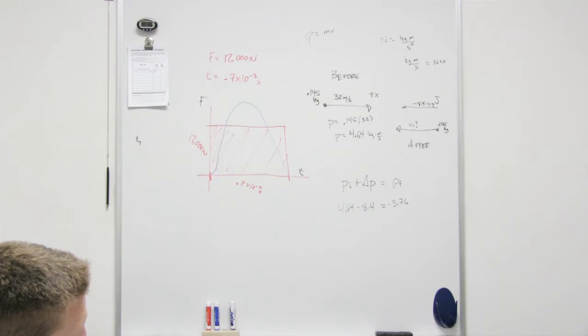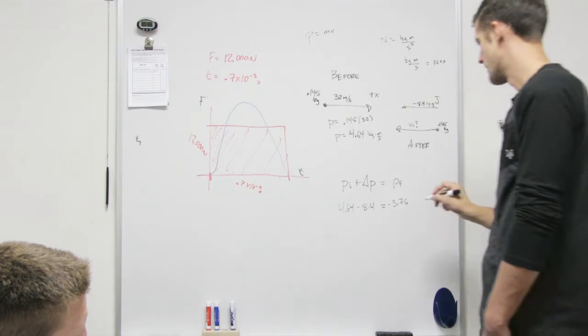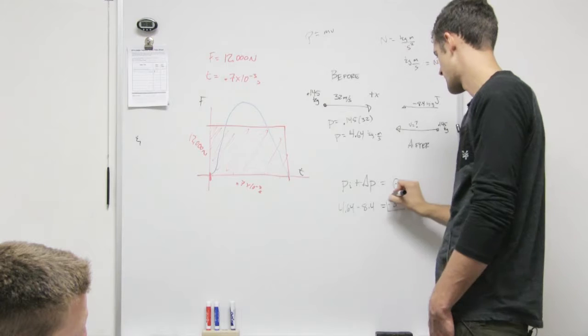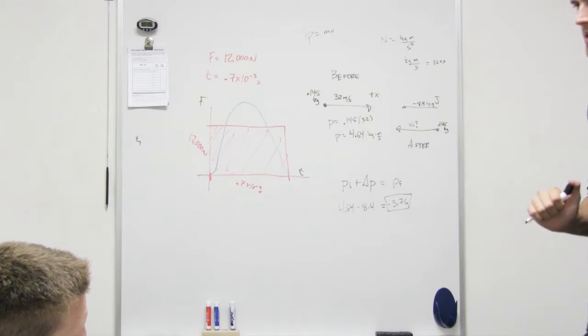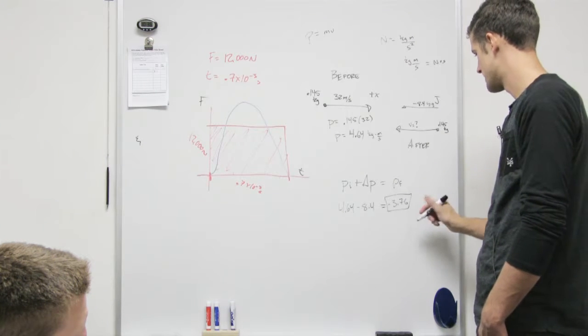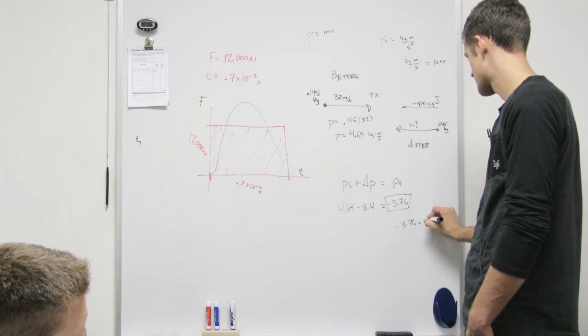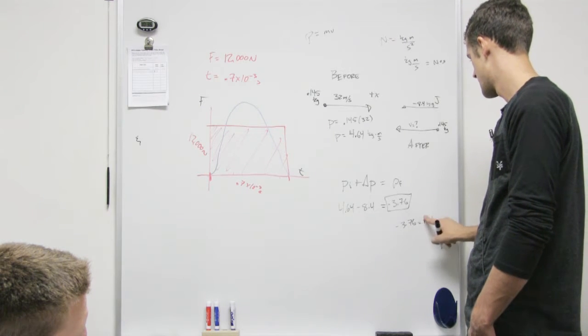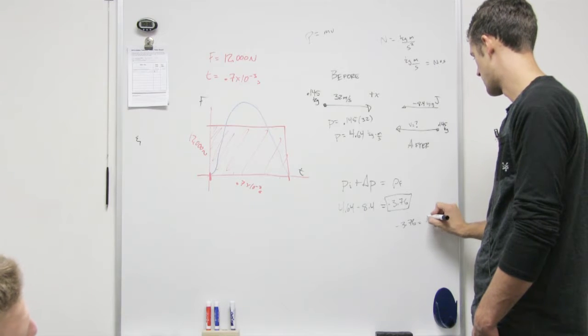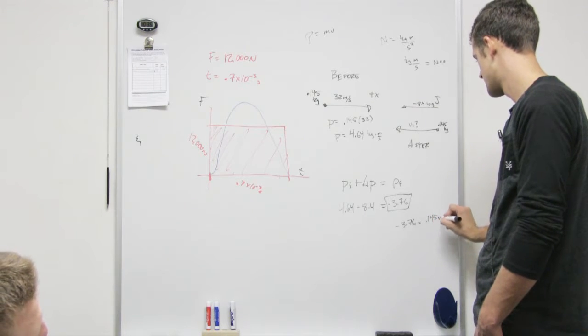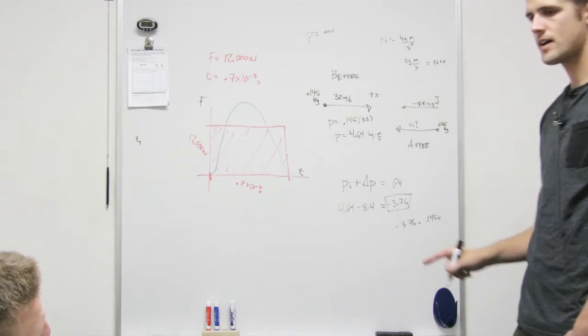Oh no, because that's just momentum. So this is your momentum final. How do you find velocity? This time you'll divide. You have negative 3.76 equals your mass times velocity, so 0.145 times velocity.